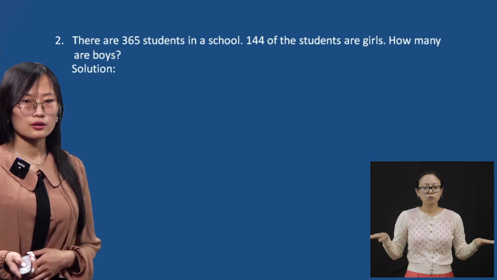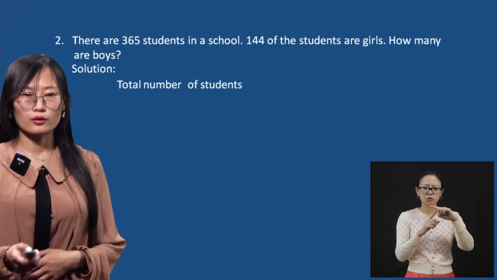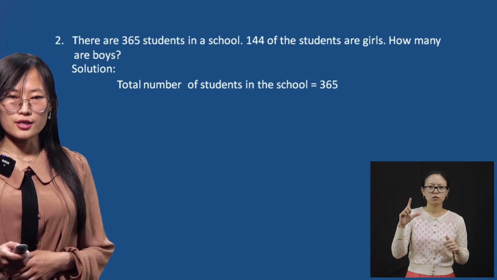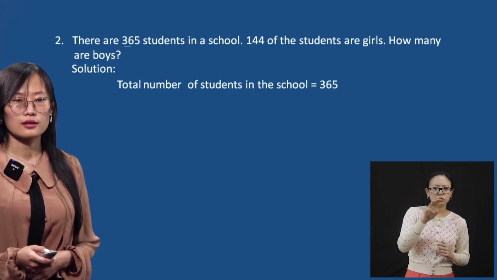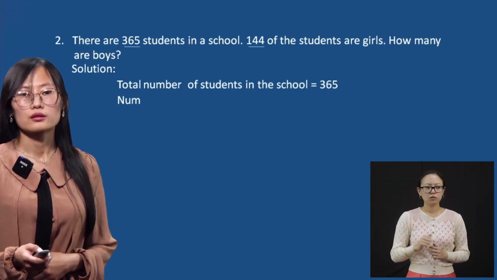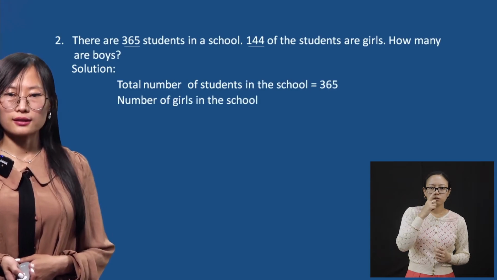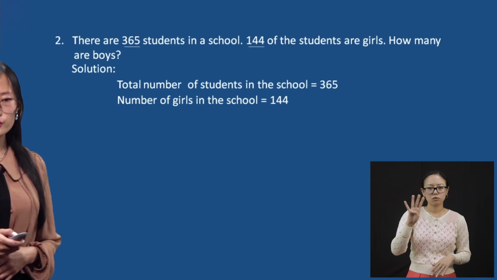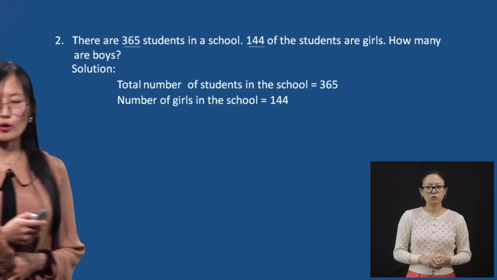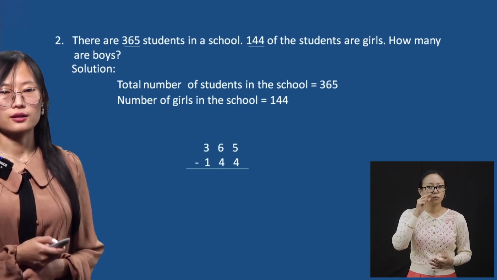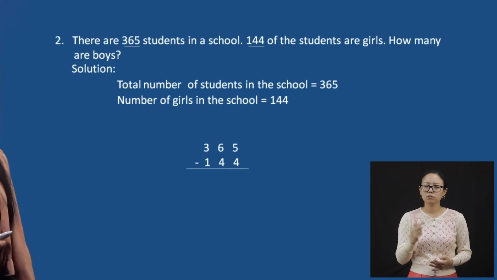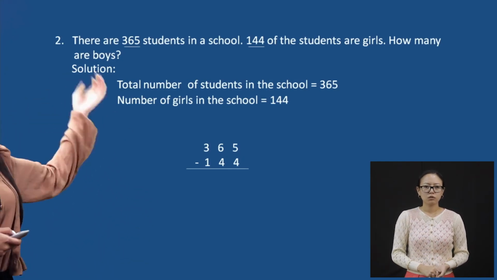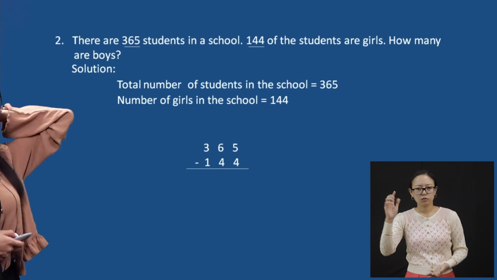See solution. Total number of students in the school is 365. Number of girls in the school is 144. So now, in order to find how many boys there are, we will subtract. First you subtract from the ones place.